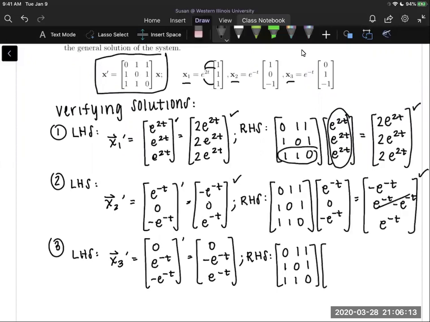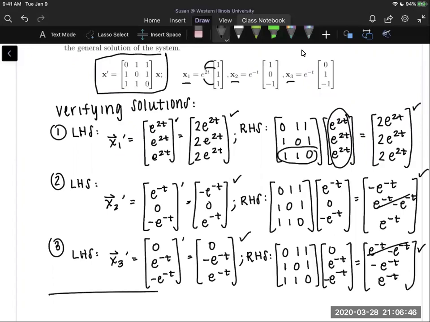Multiply it against x3. And see what we get out. I get a 0 plus an e to the negative t minus an e to the negative t, which is going to cancel. The next row, I'm going to get a 0 plus 0 minus e to the negative t, and a 0, e to the negative t, and 0 again. All right, so it's checking out. So we have officially verified all 3 solutions.